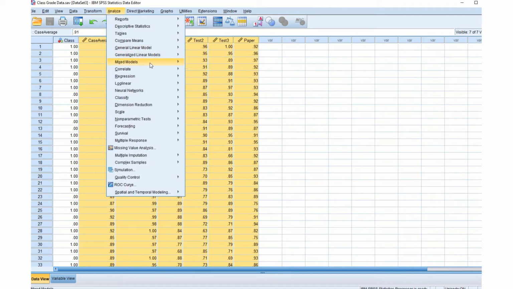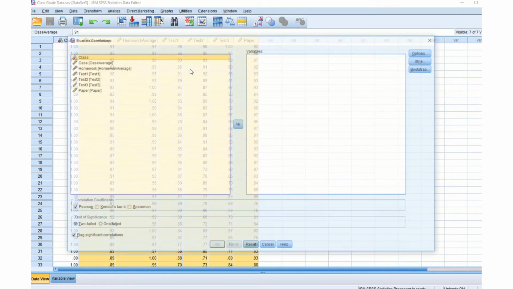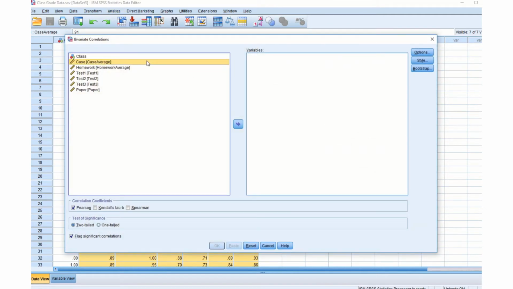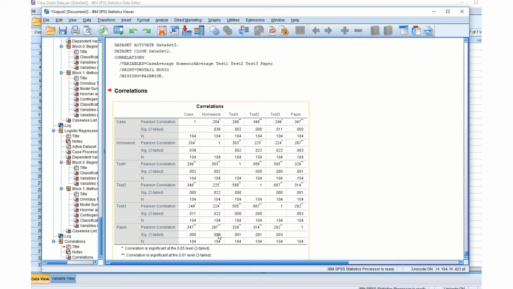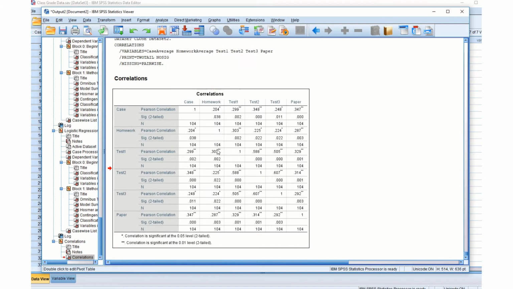So if we go to Analyze, then Correlate, Bivariate, and take our 6 independent variables here, which are the different forms of assessment for each student, and click OK, we can take a look at the correlation matrix. And what we're looking for are variables that correlate with each other fairly highly, probably above 0.7.